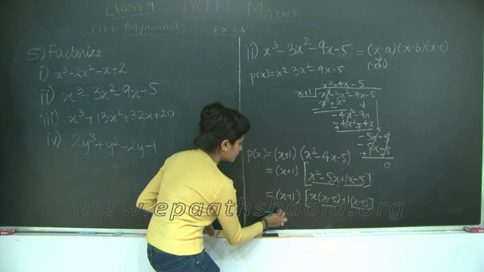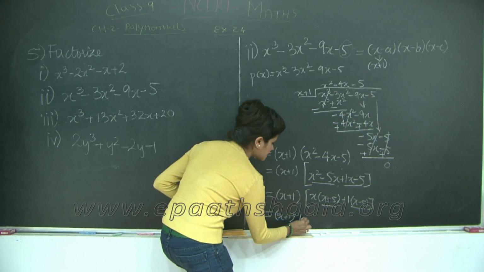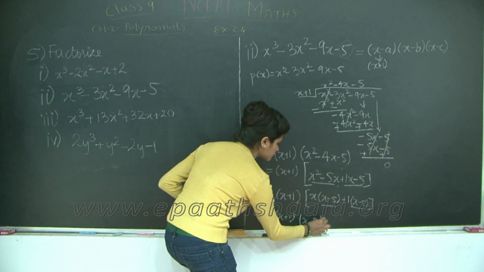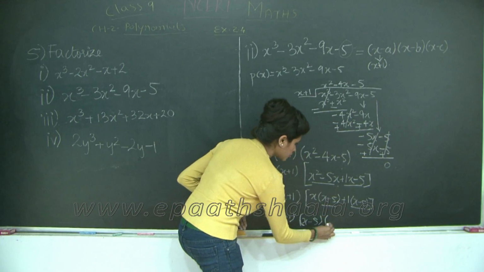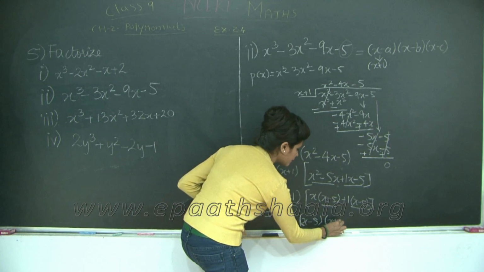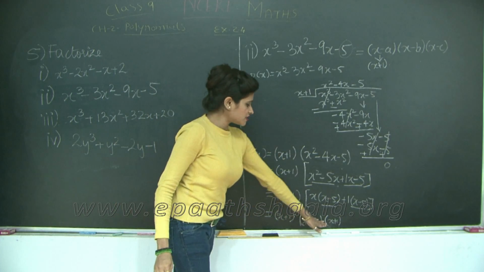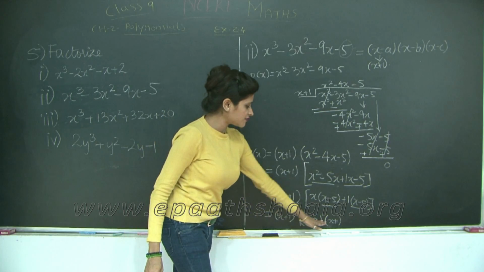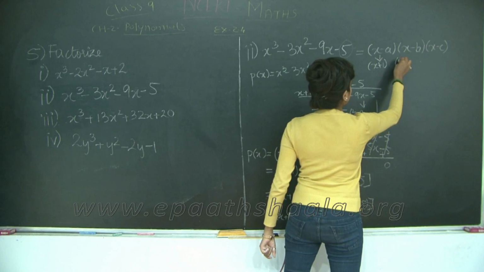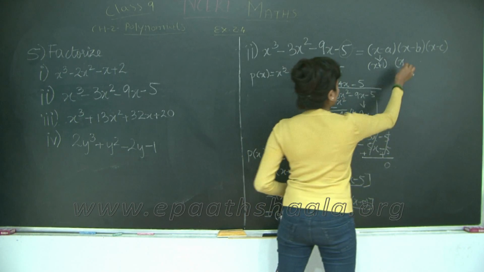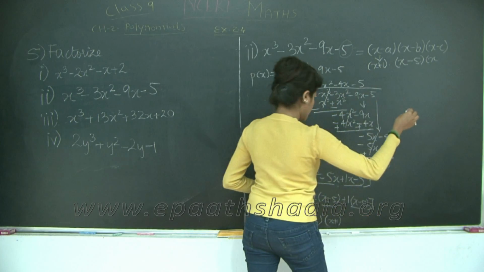So I'm finally left with x plus 1 into x minus 5, let me write this bracket clearly, into x plus 1. Hence we have written the polynomial as the product of its factors, x plus 1, x minus 5 and x plus 1.